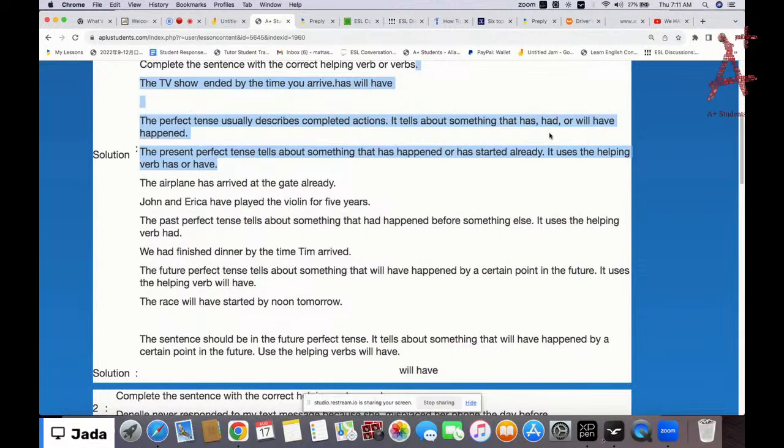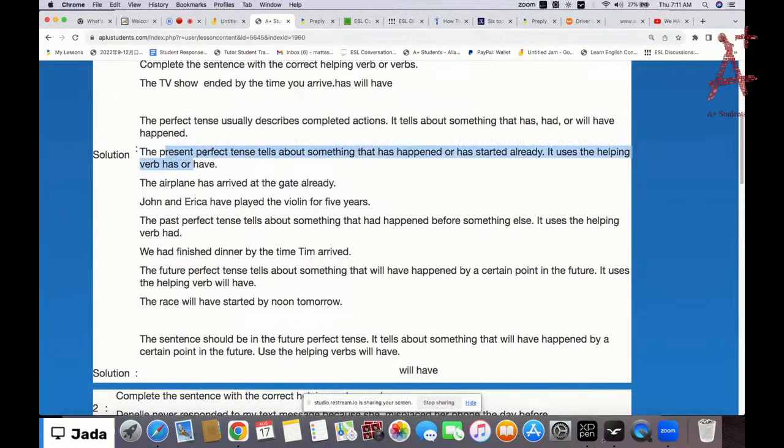So the perfect tense usually describes completed action. It tells about something that has had or will have happened. All right. So the present perfect tense tells about something that has happened or has started already. Present perfect. Take note of the difference. The perfect tense is completed action already.